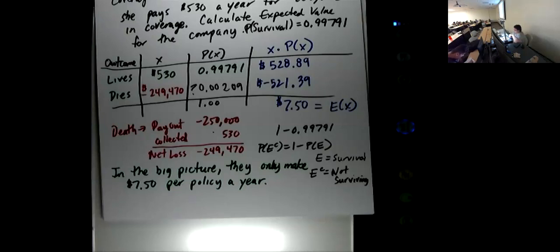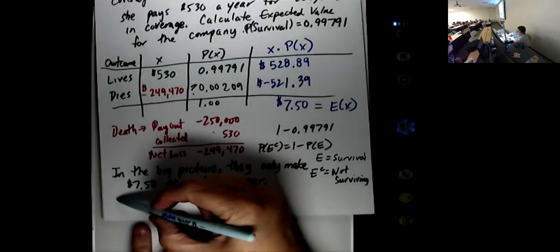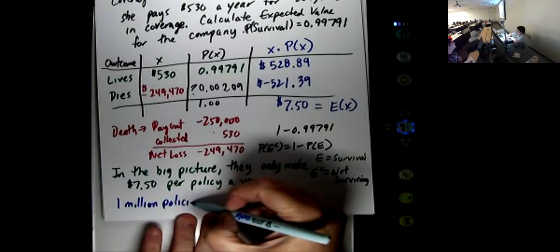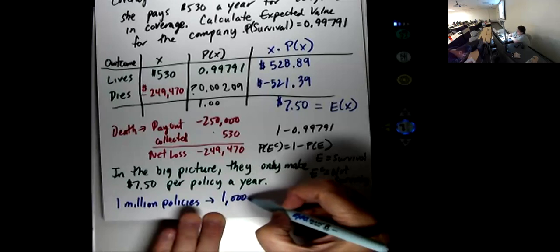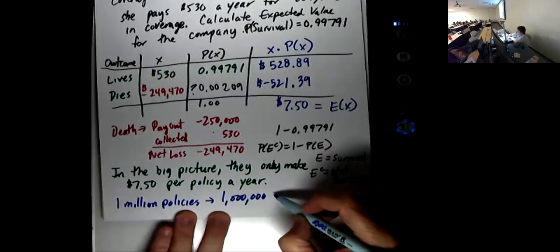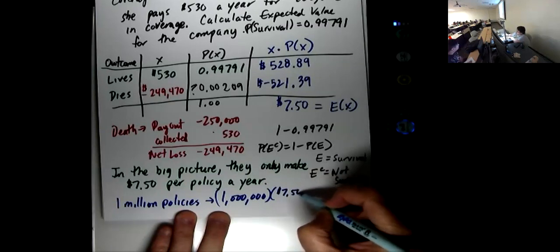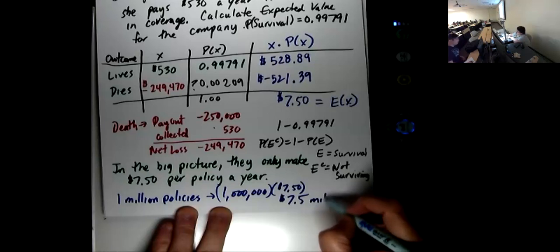But they don't just have one policy. Insurance companies offer policies to millions of people. So just 1 million policies? 1 million times $7.50 is $7.5 million a year.